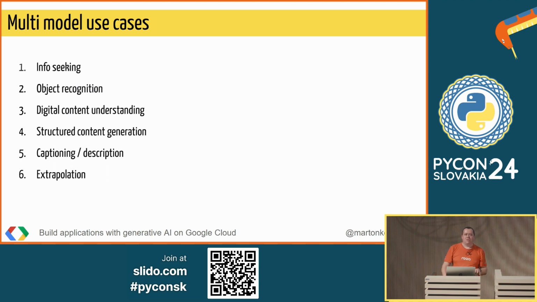And this is the multimodal concept. And there is much more; it could be a 6-month study for academia, on how to make it efficient and better. So, multimodal use cases: info seeking, object recognition, digital content understanding, structured content generation, captioning, description, extrapolation. All of it on audio, video, or images.